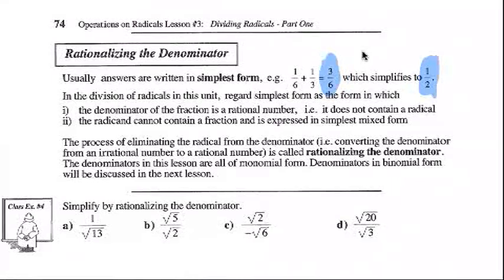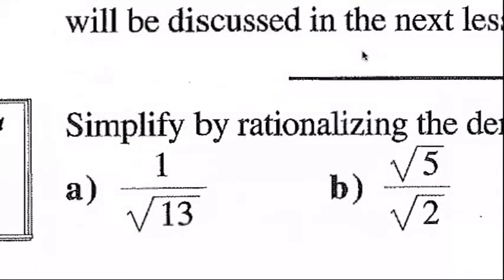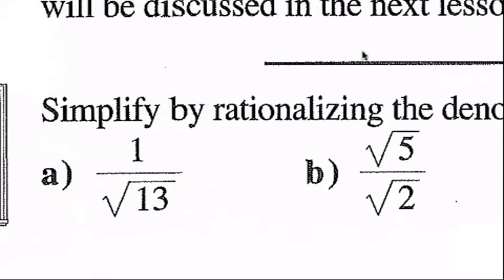So basically saying eliminate the square root. When it's a binomial, we multiply by the conjugate. I told you that already. But when it's a monomial, you simply multiply by something that's not going to change the question.